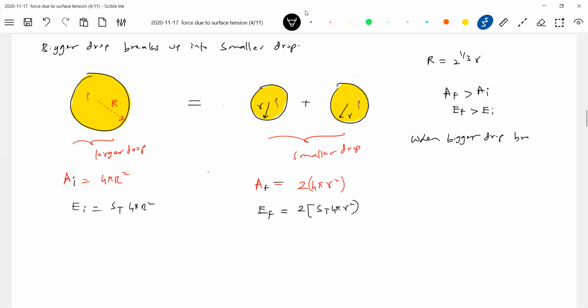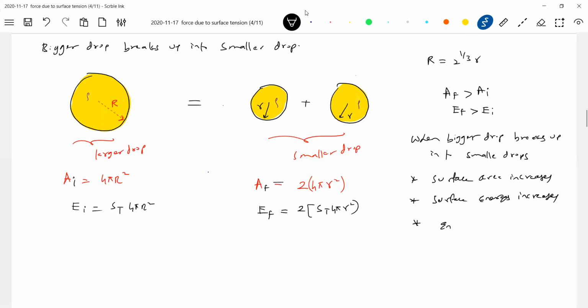When a bigger drop breaks up into smaller drops, what will happen? Surface area increases, surface energy increases.